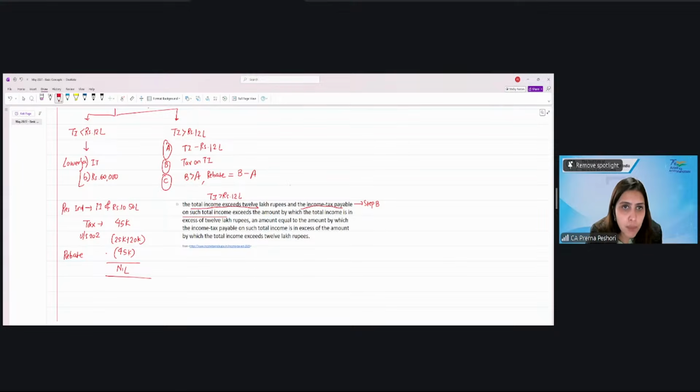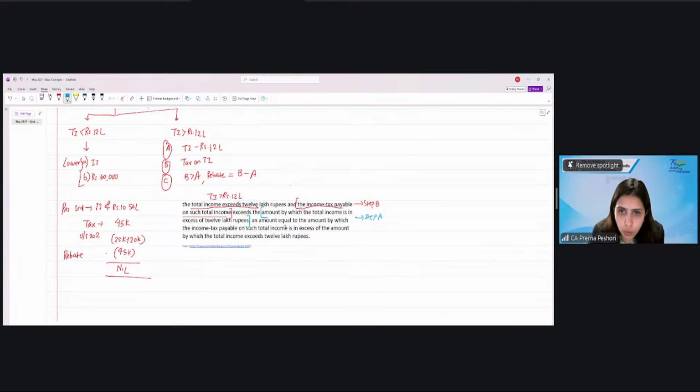So it is saying if B is greater than A. This step A is total income minus 12 lakh.